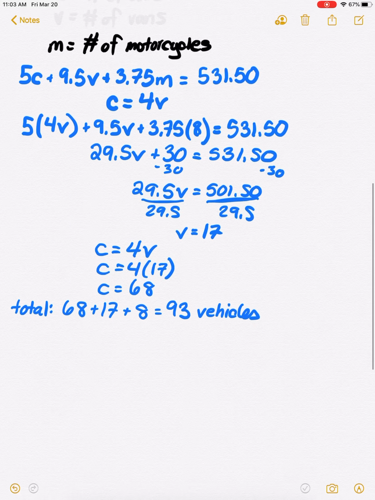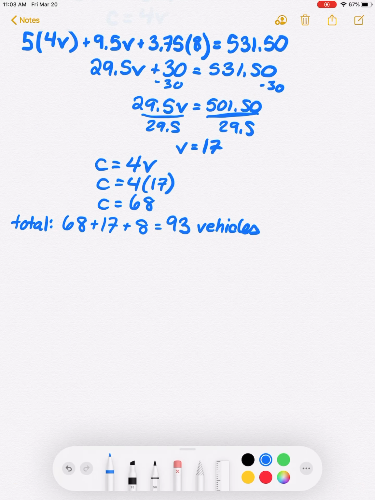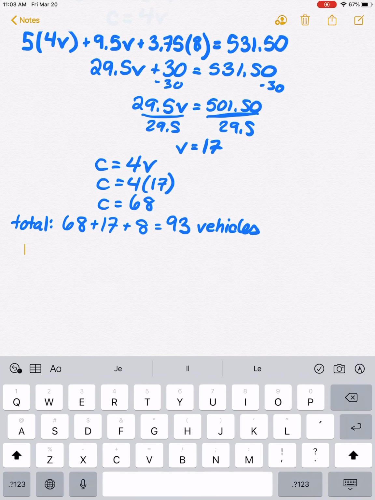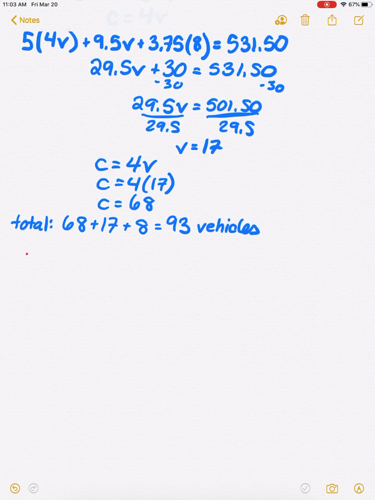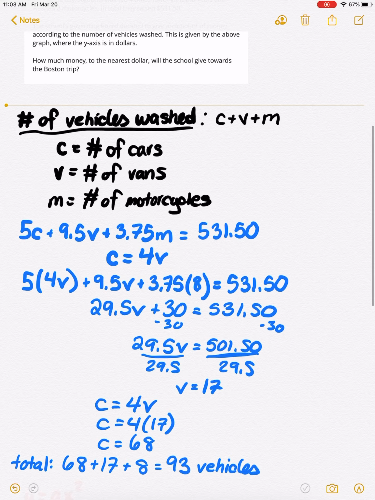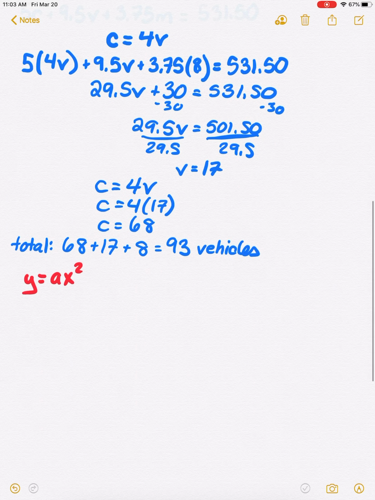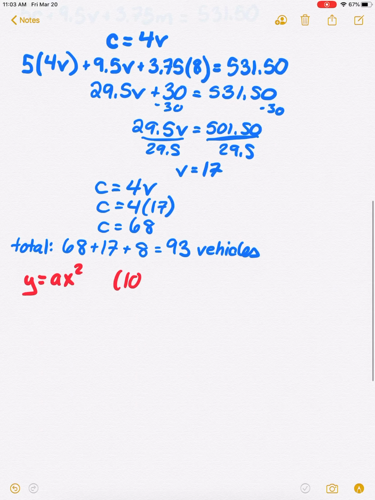So we have something that's of the form y equals ax squared. We can use our point, 10 and 0.9, and plug that into this equation.